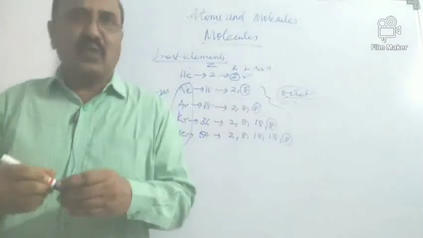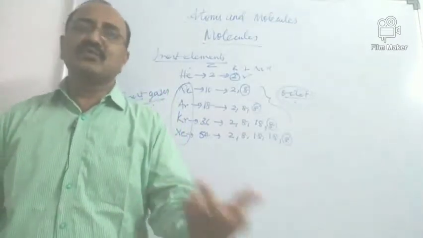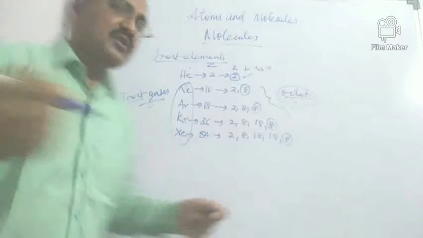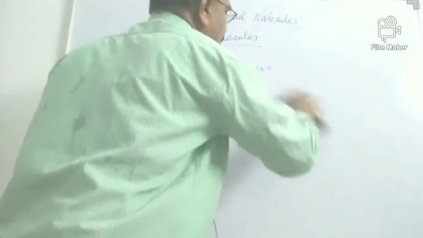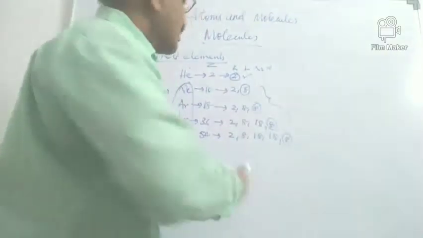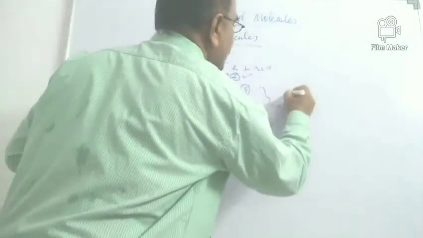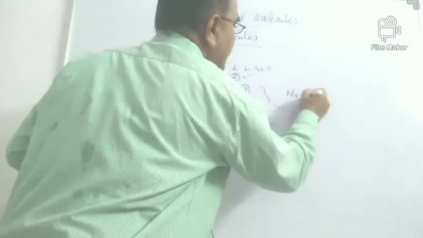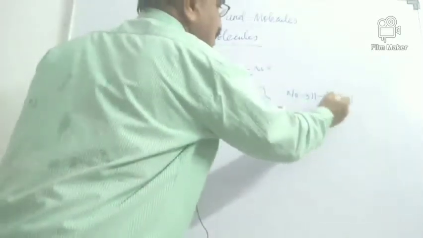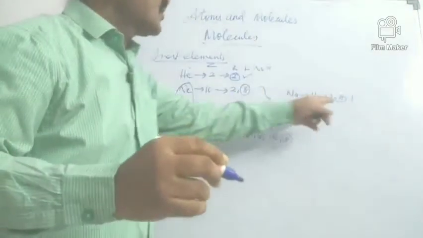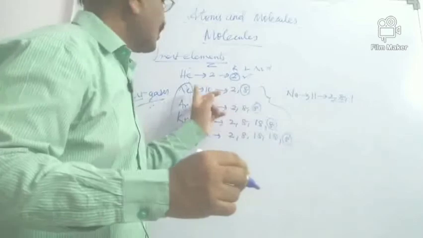Now, what about other elements? Why do other elements react? When I write down, say, the example of sodium, we have learned all these things in the structure of atom, children. Its atomic number is 11, and the electronic configuration is 2,8,1. Just observe this carefully. That electronic configuration resembles the configuration of neon.